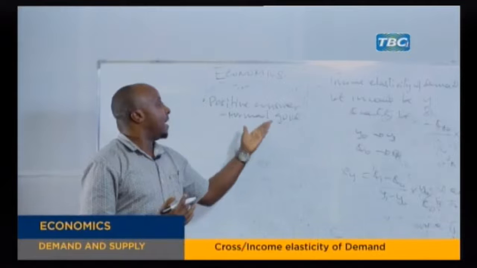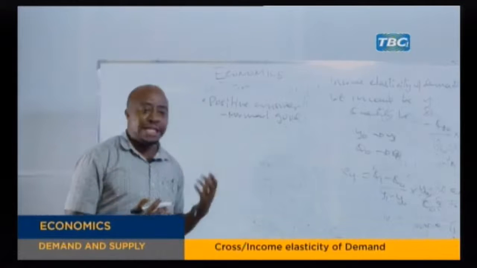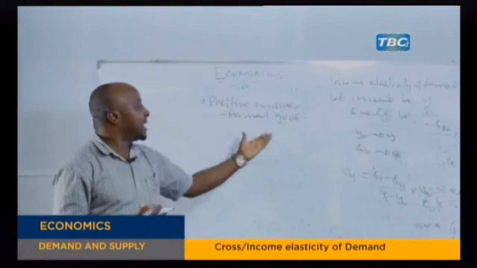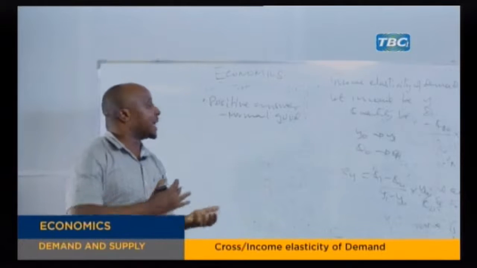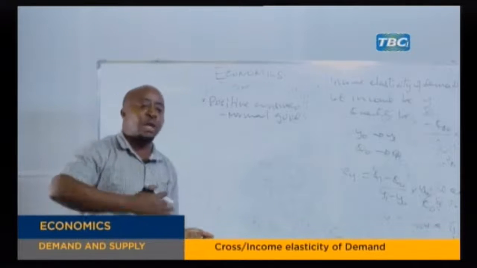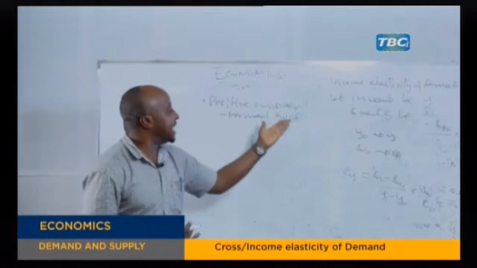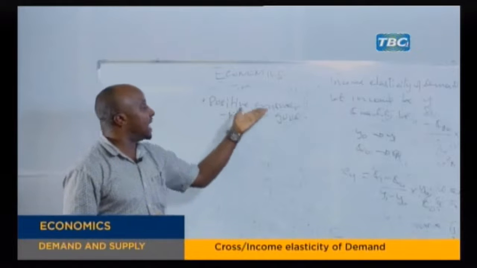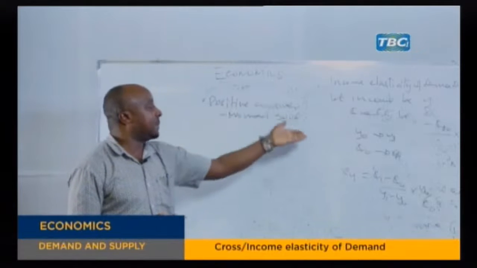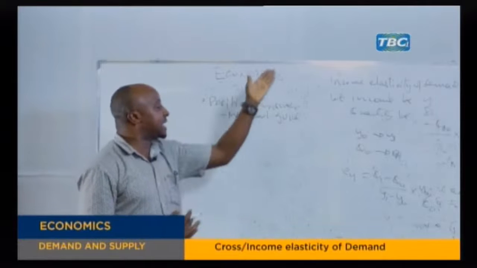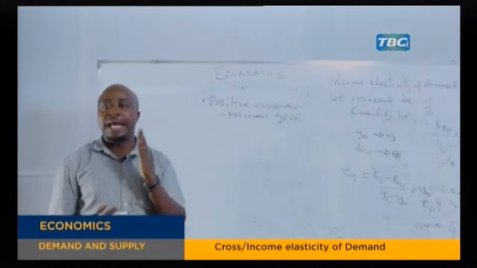For example, basic needs like clothes, food and other items which we use daily. When our income increases, we expect our demand also to increase. When income falls, our demand also will fall. A good whose demand has a positive relationship with income is a normal good, because as income increases, we expect demand also to increase.